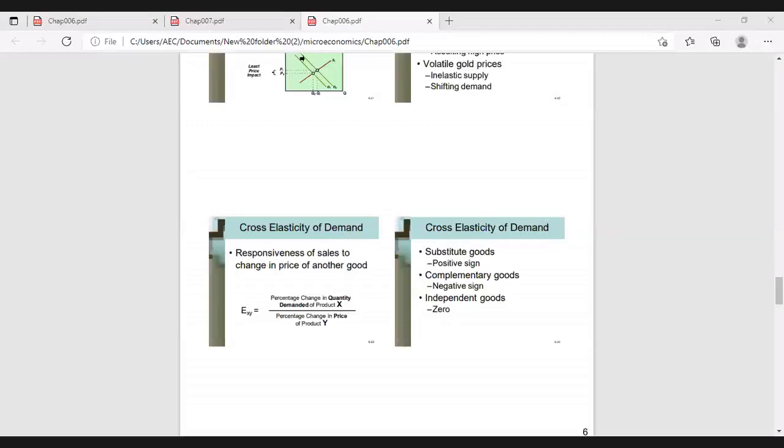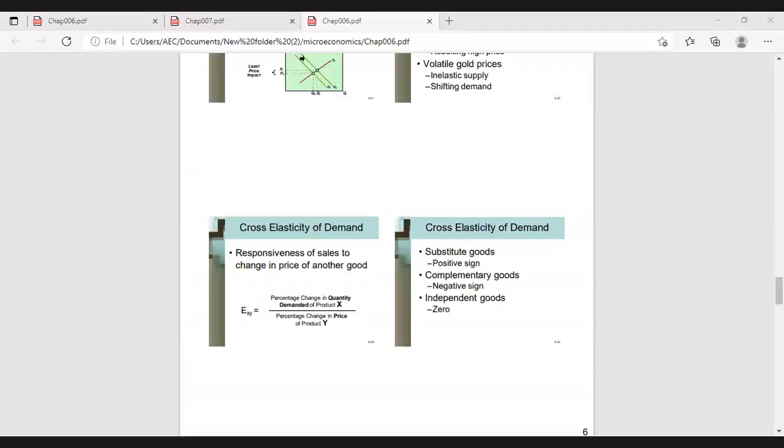Then they substitute the other commodity for this one. So both are substitute goods, and the coefficient is positive.